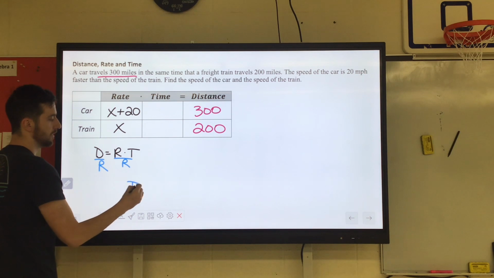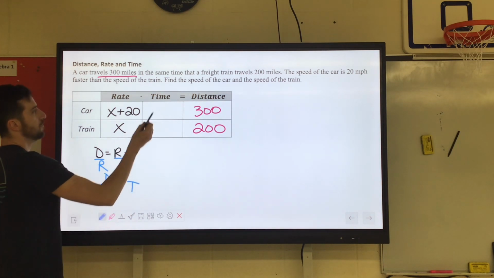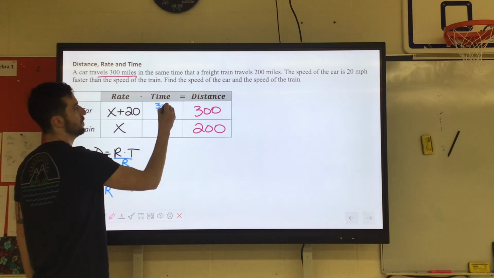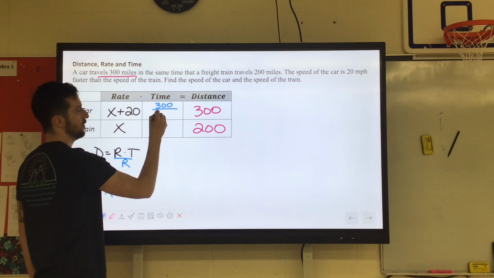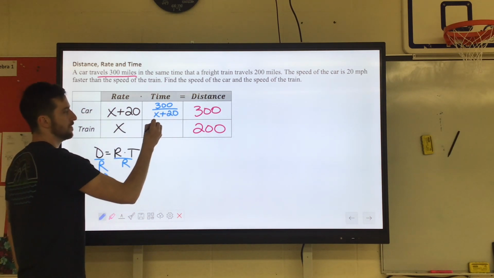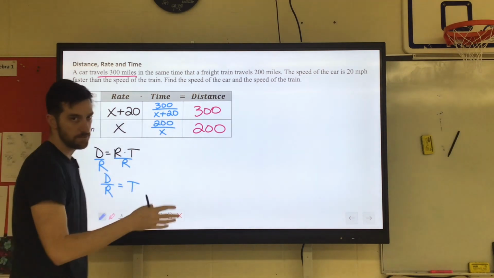So time is going to equal the distance divided by the rate. So if we were doing that for this chart, the car's distance, 300, divided by the car's rate, x plus 20. The train's distance, 200, divided by the train's rate.